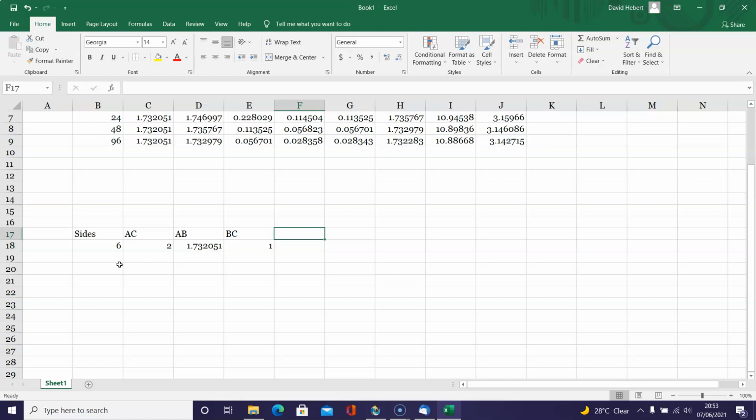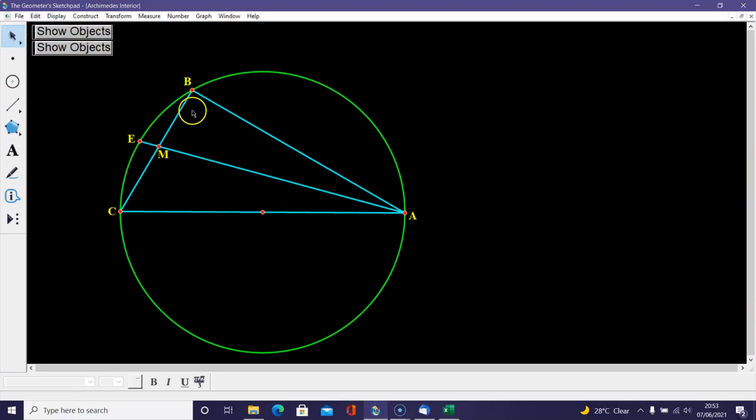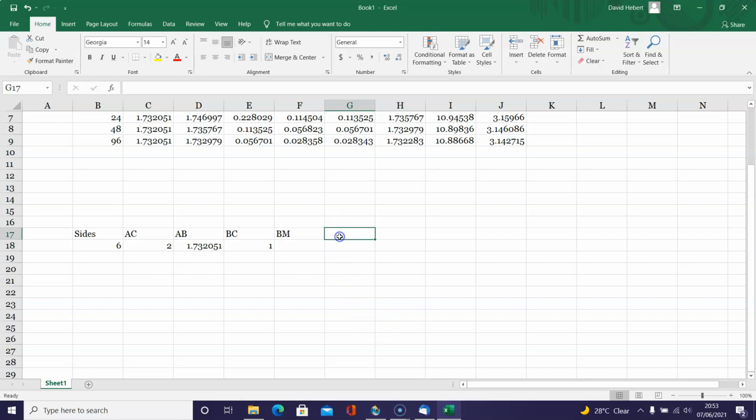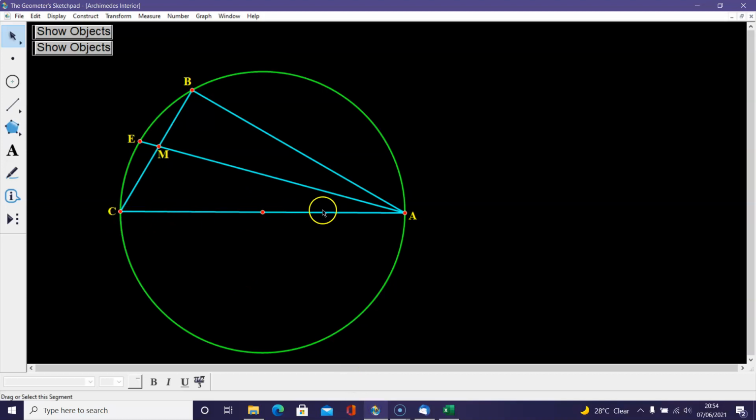Now the next thing we're going to calculate is BN. Let's go back and look at our diagram. If I get BN, then the very next thing I'm going to get is CN. So in my spreadsheet I have BN, then I calculate CN. Back to my diagram. So now I have all of the outside bits calculated.